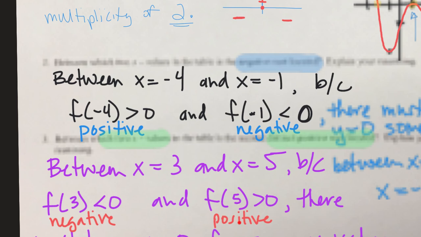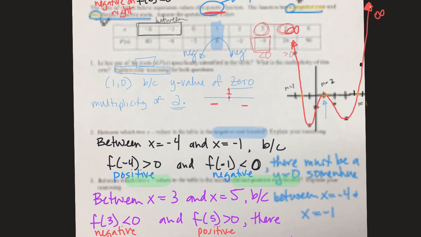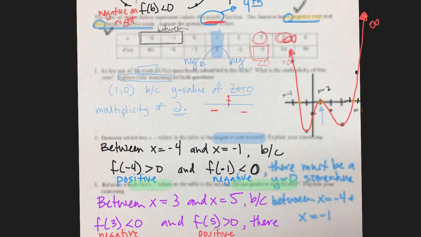So there must be a 0 between a negative and a positive on the interval from 3 to 5. Somewhere in between here, there's going to be an x value with a y of 0. Okay, so that's looking at it numerically and using positive and negative values.